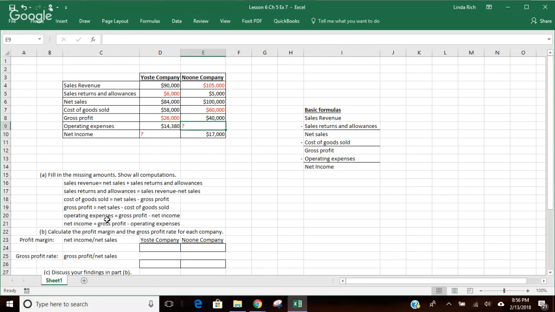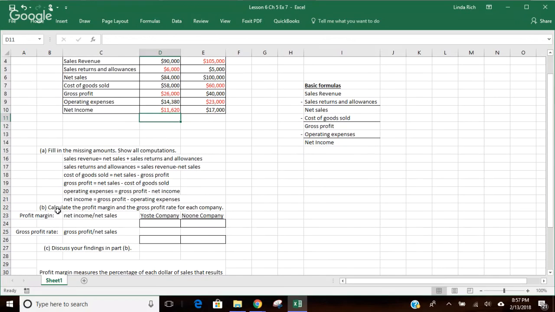The next one down, operating expenses, is going to be equal to gross profit minus net income. And then net income is going to be equal to gross profit minus operating expenses, and that one also goes straight down. And so then we have all of our missing boxes filled and all the amounts filled.